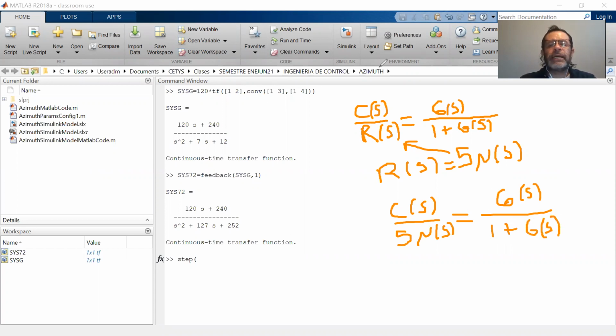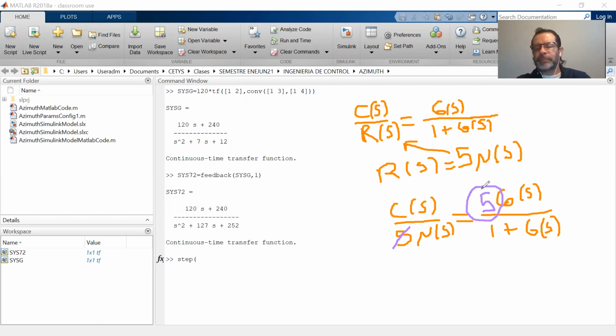But if you notice, I can eliminate this 5 from here, and I can just put it here. And it would be equivalent. So actually, when I'm using the step function and I'm applying an input that isn't unitary, the only thing I need to do is multiply the transfer function by that factor.